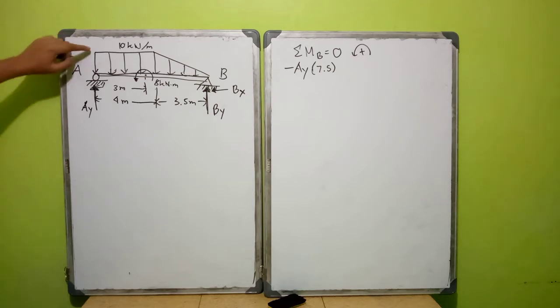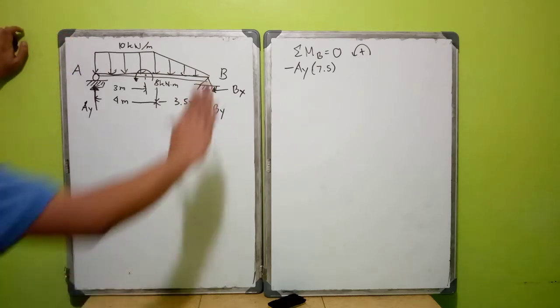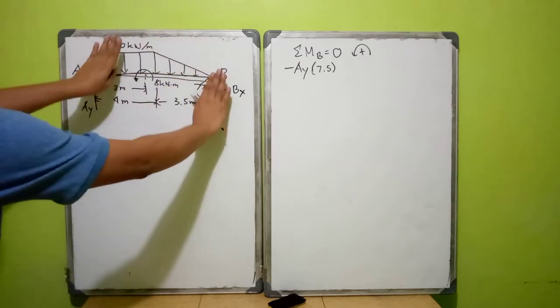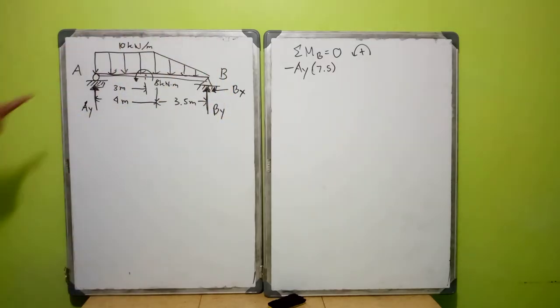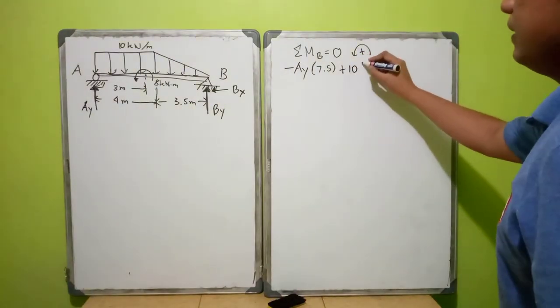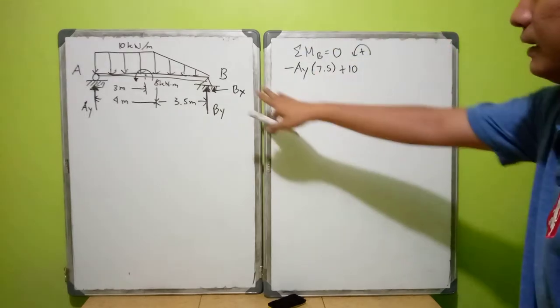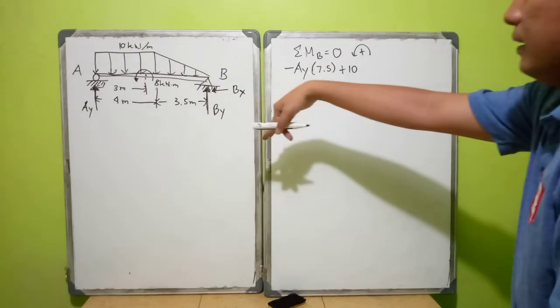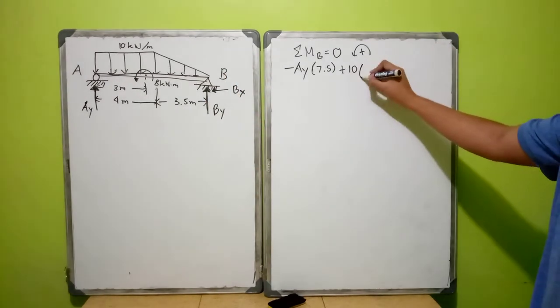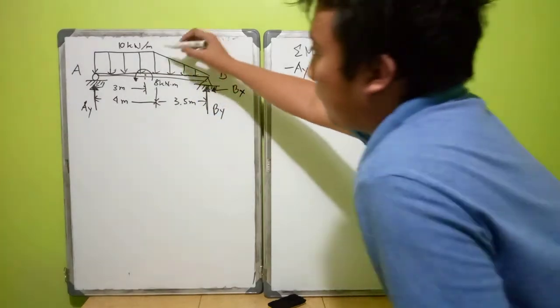As you can see, there is a distributed load of 10 kilonewton per meter, and relative to B, this load will rotate counterclockwise, so it is positive. Since it is rotating counterclockwise relative to B, it is plus 10 times the length of the load.